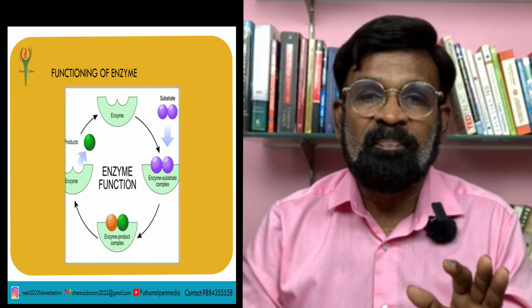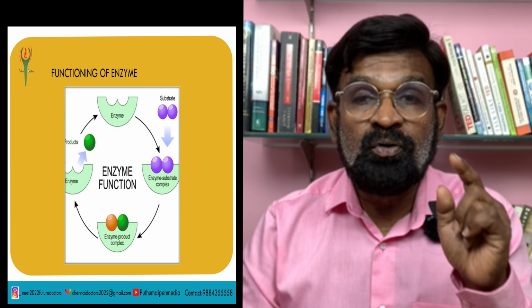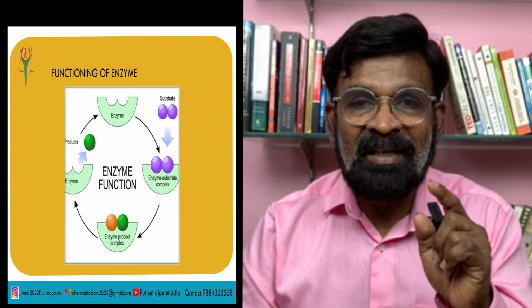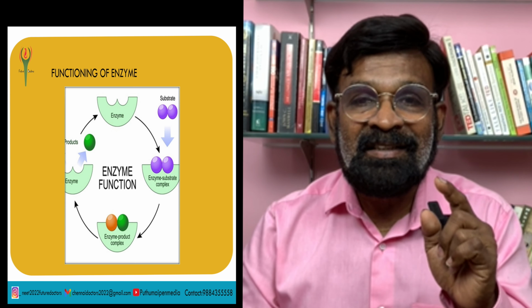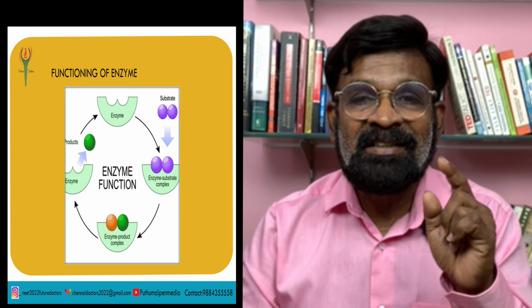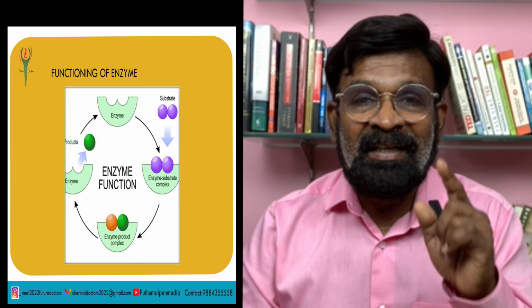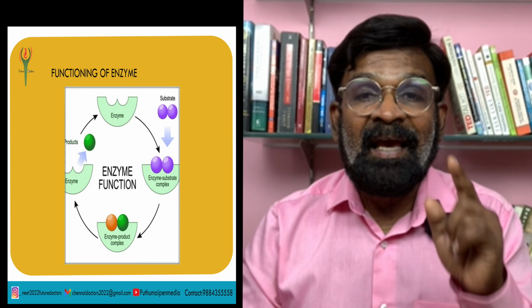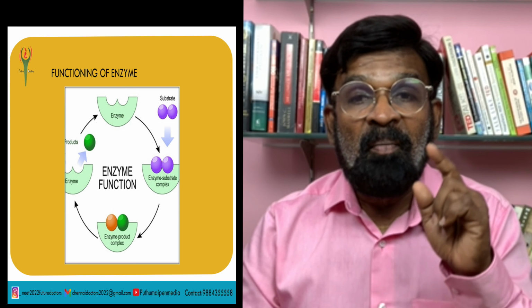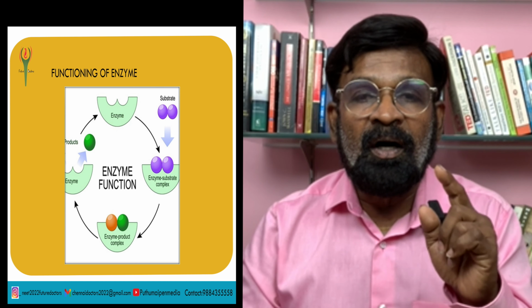This complex formation is a transient phenomenon. A new structure of the substrate called transition state structure is formed. Stability is related to the energy state of the molecule or the structure.